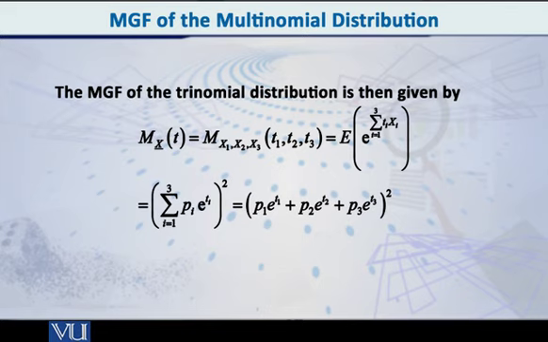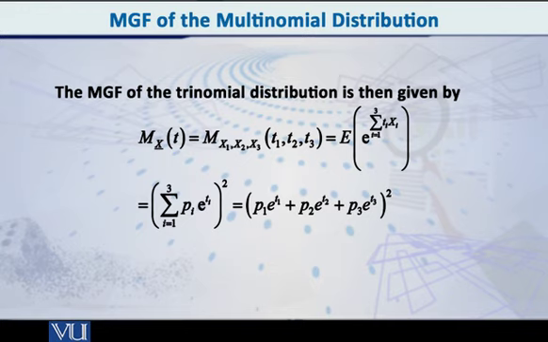The MGF, as I just shared with you, is (summation pi e raised to ti) whole raised to n. Right now n is equal to 2, so we can write this expression squared. And now I would like to open it up. Let us open up the summation.